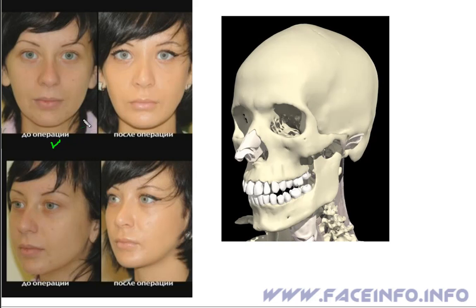However, the problem was that the face wasn't proportional enough because of her small jaw. And actually, an implant was set on her lower jaw. Her chin became greater, and the whole face became more balanced and nobler.